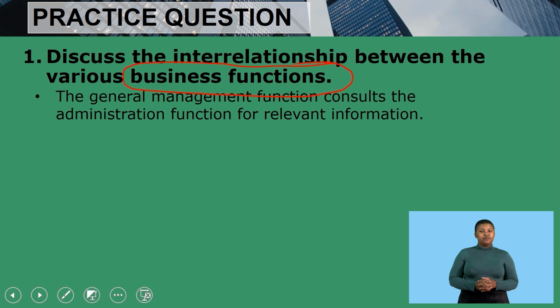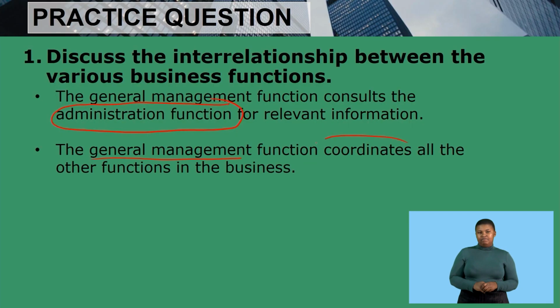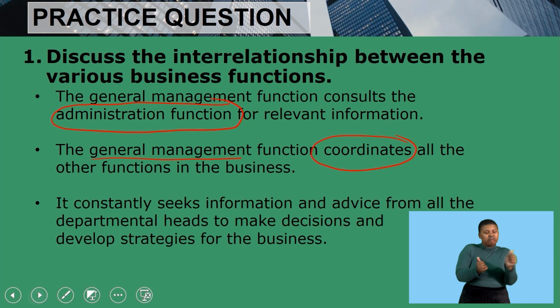Firstly, we are going to say that the general management function will always consult the administration function for relevant information. Remember, the general management function will get the information from the admin function to make their decisions. We can also say that the general management function coordinates all of the other functions in the business.